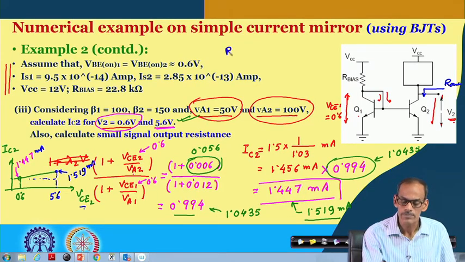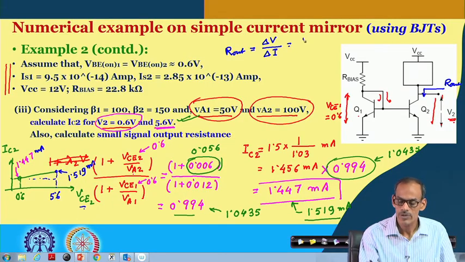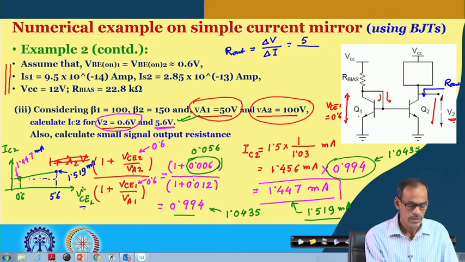So, Rout is equal to the voltage change divided by the corresponding current change, and the voltage change is 5.6 minus 0.6, that is 5 volt, divided by this current difference, 1.519 minus 1.447.